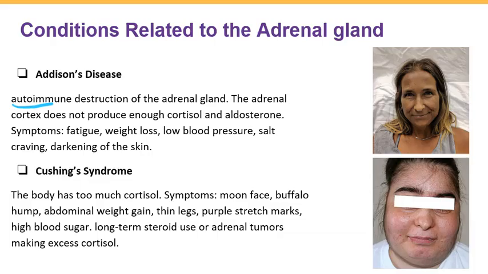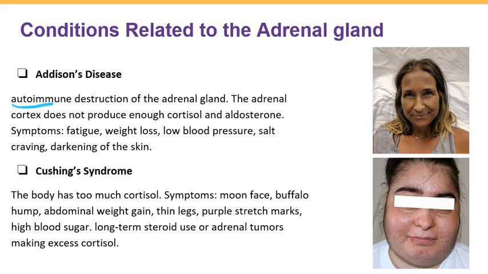So these people's symptoms include fatigue, weight loss, low blood pressure, craving for salt, and also hyperpigmentation, which you can see as dark patches on their skin, especially on their face.